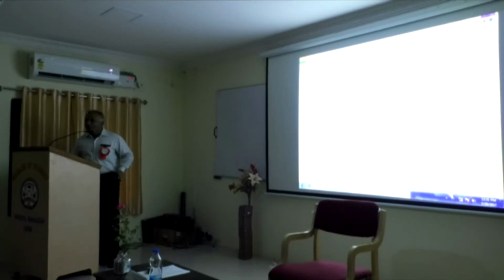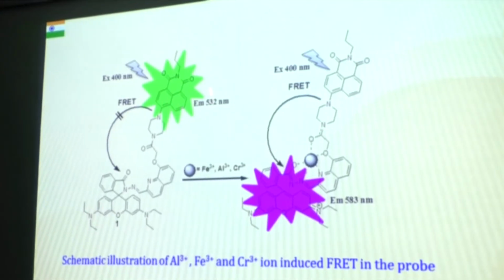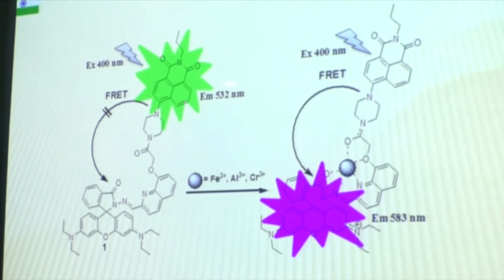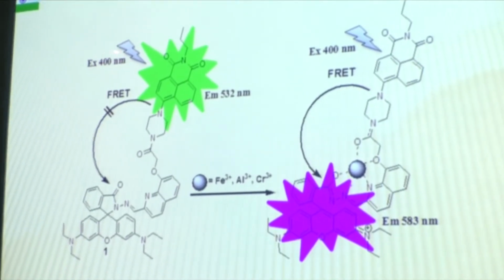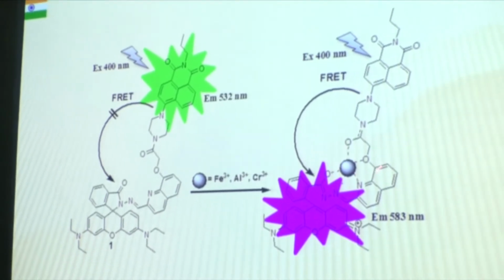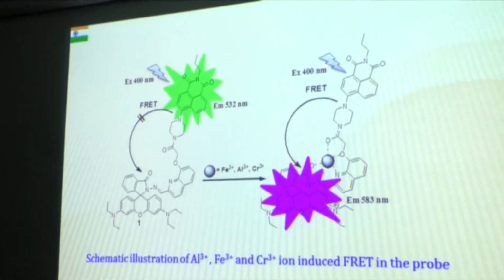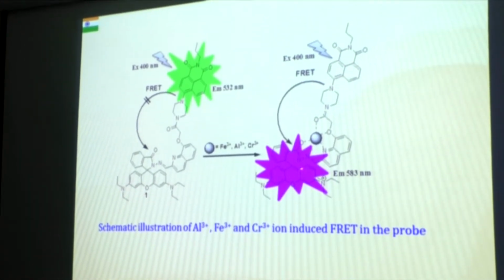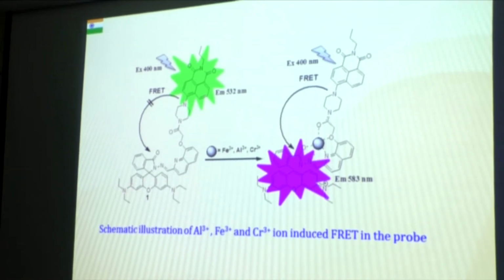Very clear. So based on that, when you excite this part of the molecule, which shows emission at 532 using 400 nanometer light, this is not complexed. When it complexes with the cation and you use 400 nanometer light, this will transfer energy to this and gives you red color.